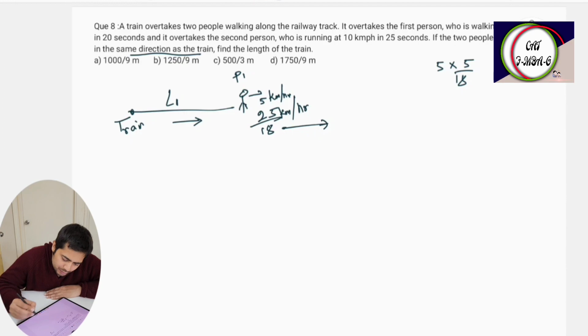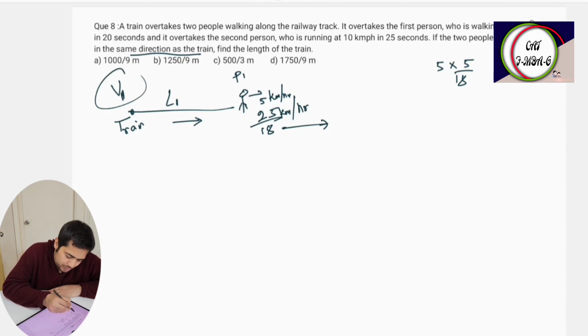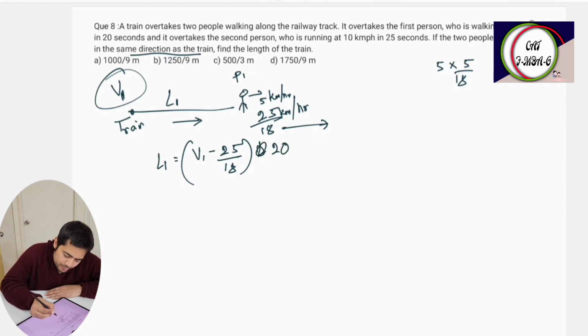The length should be L1. If the train overtakes person 1 in 20 seconds, let the train speed be V1. So distance is equal to, moving in the same direction, V1 minus 25 by 18 into 20, which is L1.